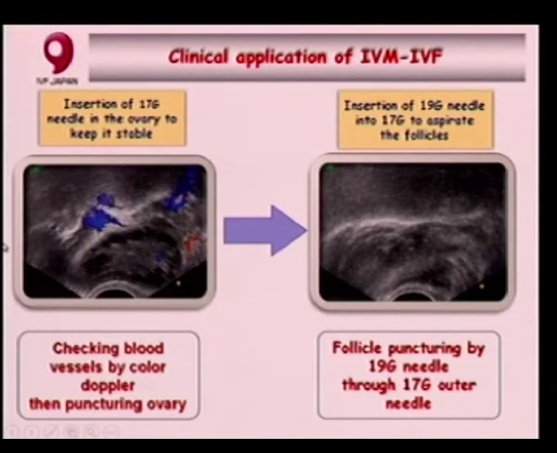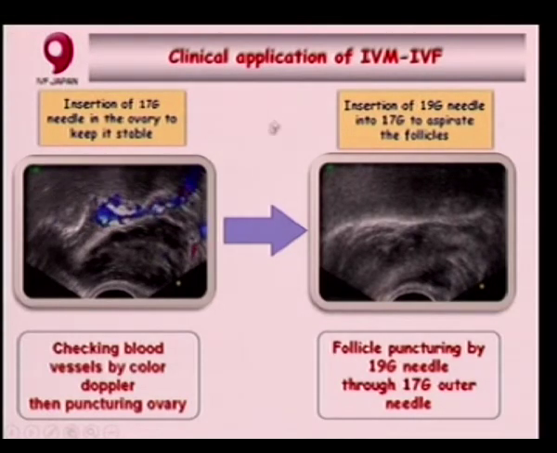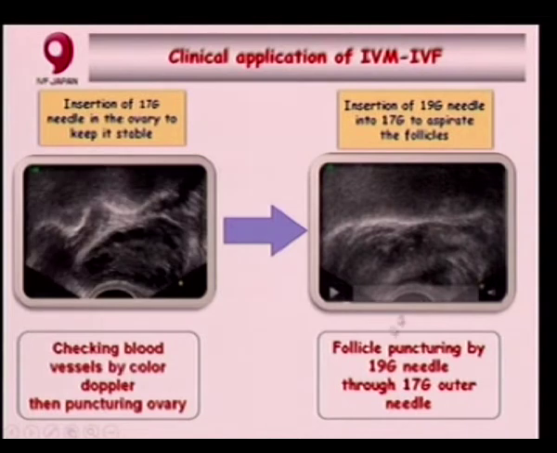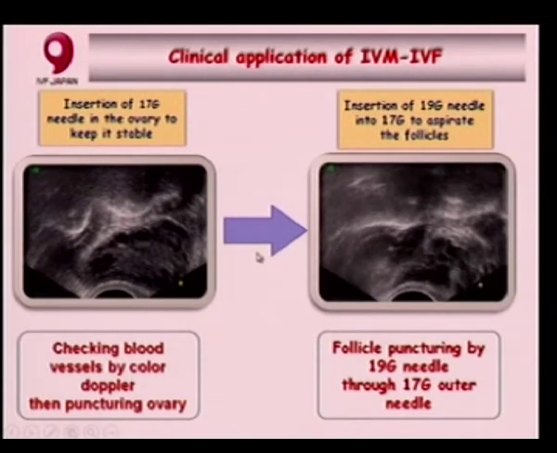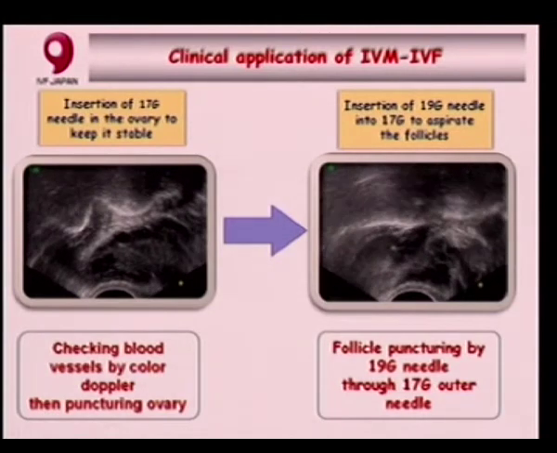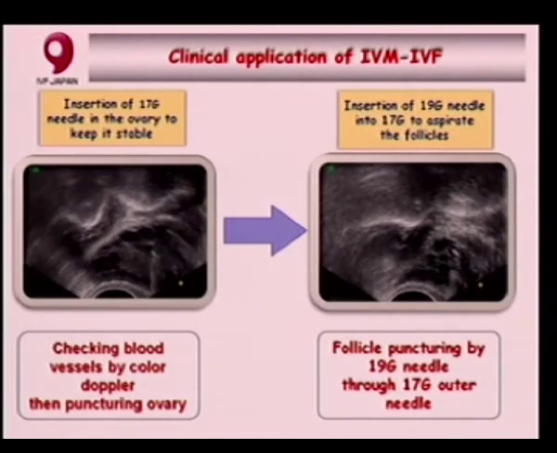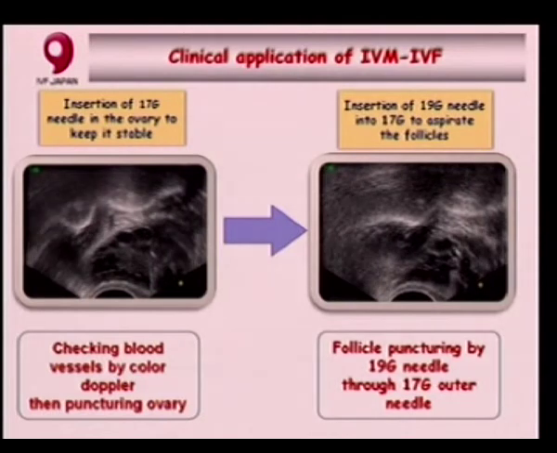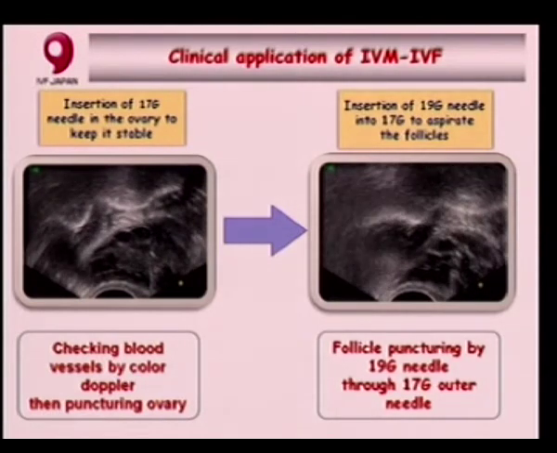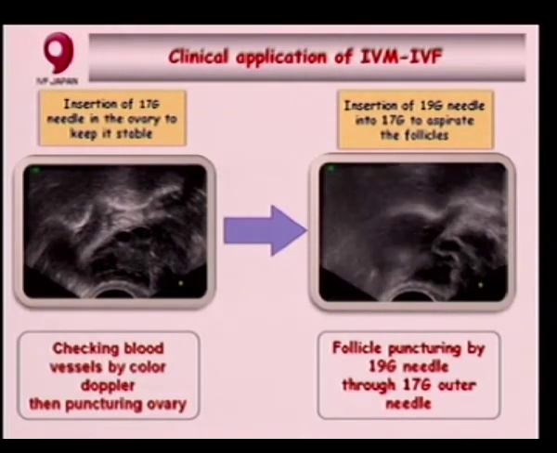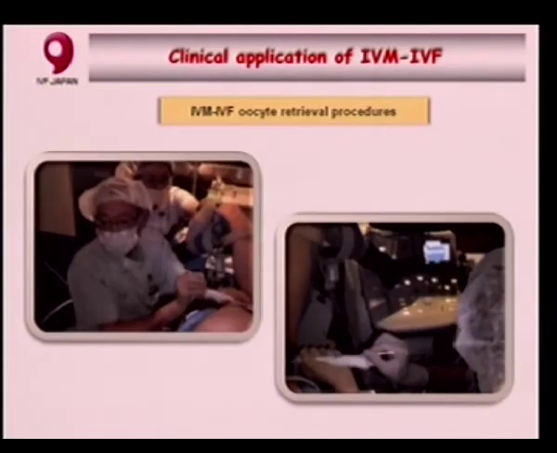First check the vessels by color Doppler, and then puncture the follicle with the small needle, like this way. Even 5-6 millimeter follicles, we can still retrieve the oocyte. This is the actual scene.